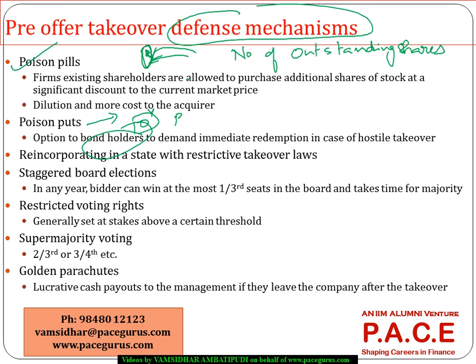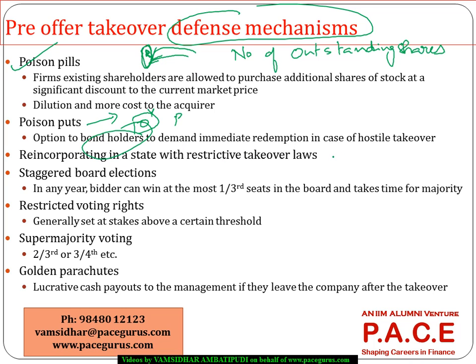So they want the entire debt to be paid off in case a hostile takeover is occurring. So immediately after the takeover, it becomes the responsibility of the acquirer to pay off the entire debt to the bondholders, which becomes a heavy cash flow issue for the acquirer, which will prevent the acquirer from moving further. That is what we call a poison put.